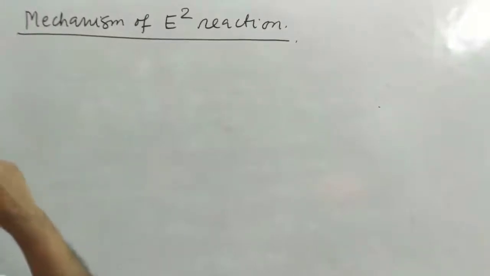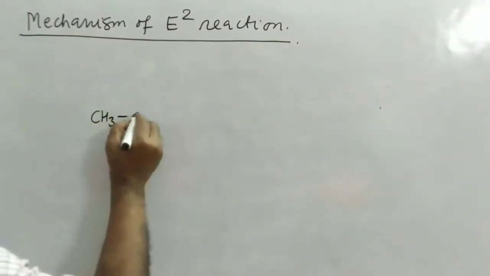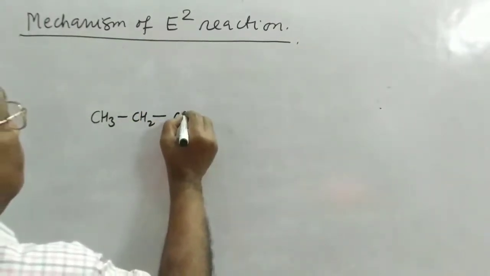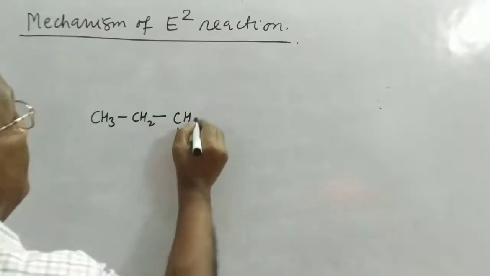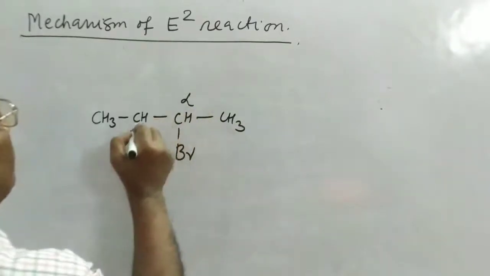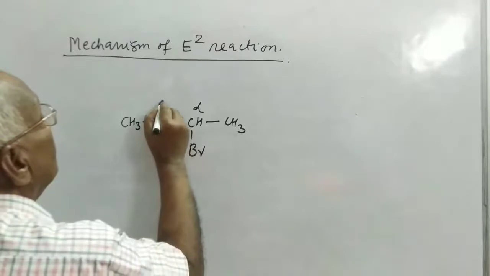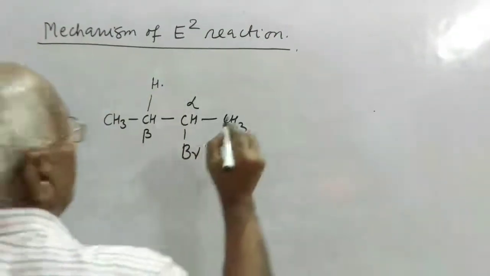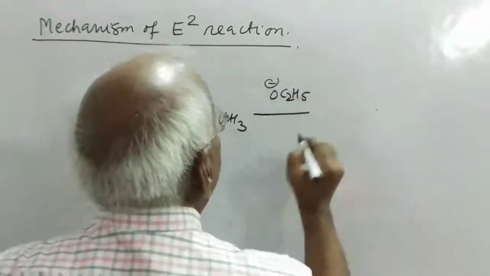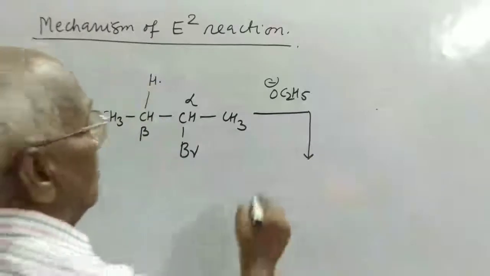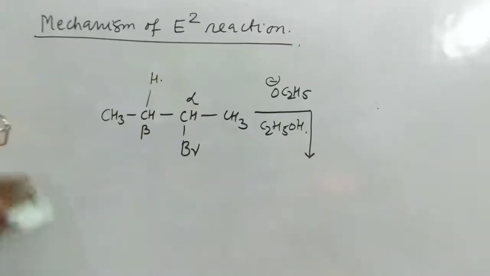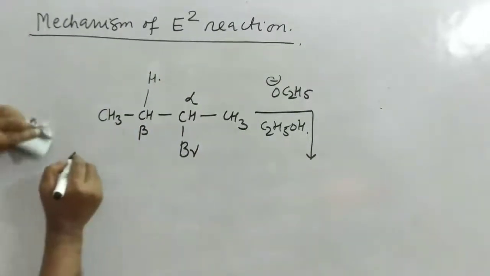Say it is CH3, CH2, CHBr, CH3, and this is alpha hydrogen. This is beta hydrogen. One beta hydrogen is projected like this. Reaction is taking place in presence of ethanol. Temperature range is same. So you look here, this is the base.